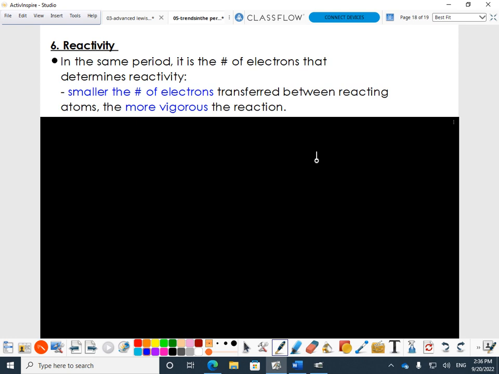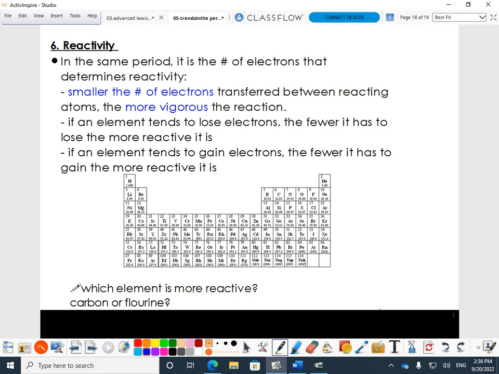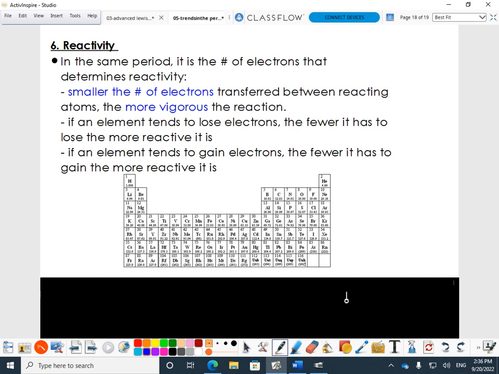Okay, so then these are the two qualifiers that are essentially the same. If an element tends to lose electrons, the fewer it has to lose, the more reactive it is. If an element tends to gain electrons, the fewer it has to gain, the more reactive it is.